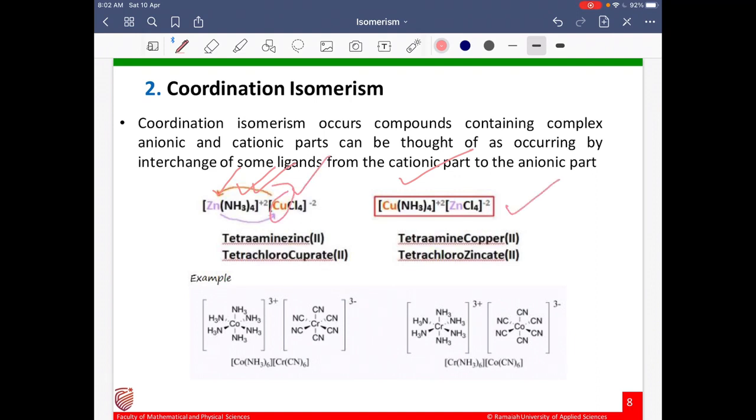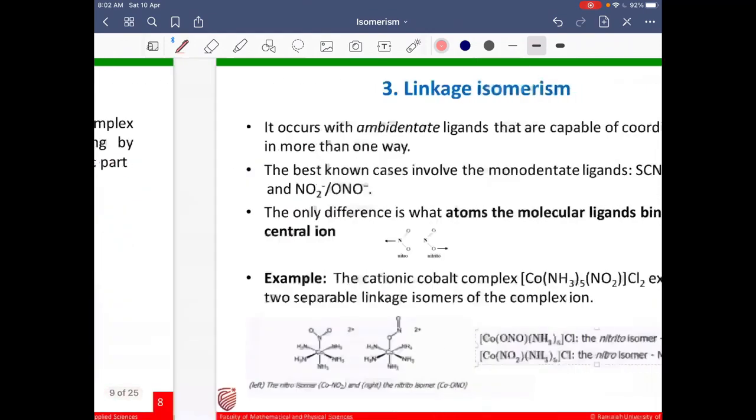But in the second compound, the ammonia ligand is attached to the copper central metal atom and chloride ion to the zinc metal atom. So we can see here the exchange of ligand. Previously, for zinc, ammonia was the ligand. Here, for zinc, chloride ion is the ligand.